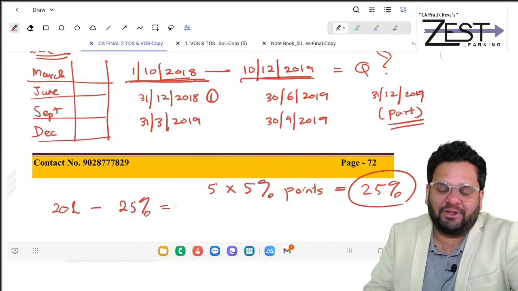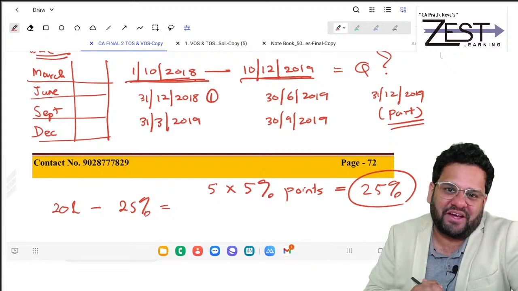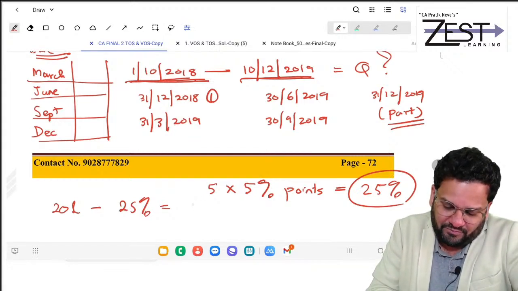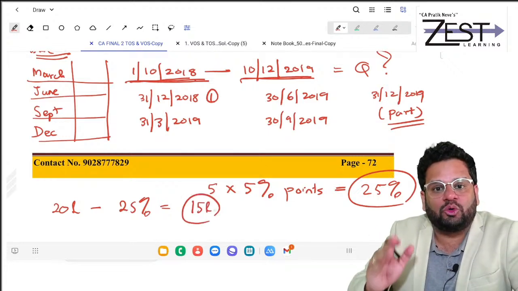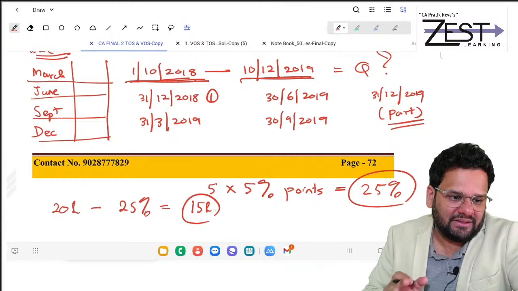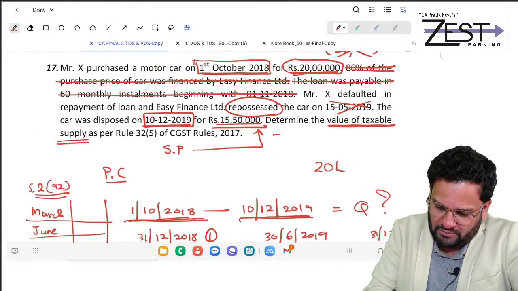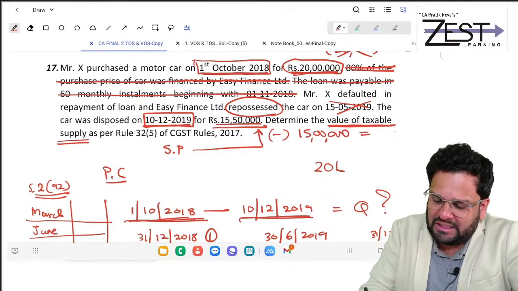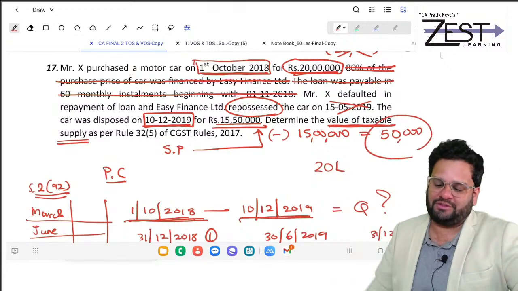What is 20 lakh into 25%? It is 5 lakh. So 20 lakh minus 5 lakh is 15 lakh. So you should have sold for 15 lakhs ideally, but you are selling for 15 lakh 50,000. So 15 lakh 50,000 minus 15 lakhs, the deemed, I mean assessable value, is rupees 50,000.